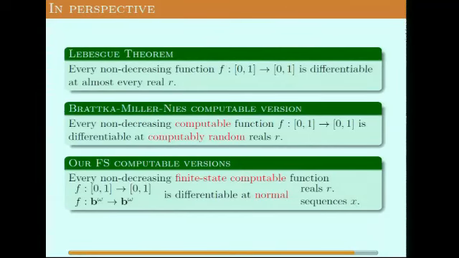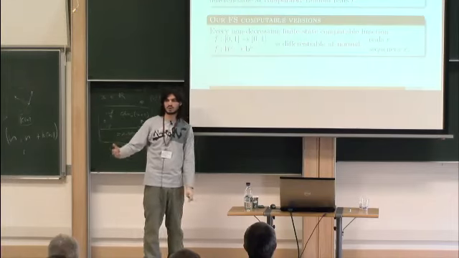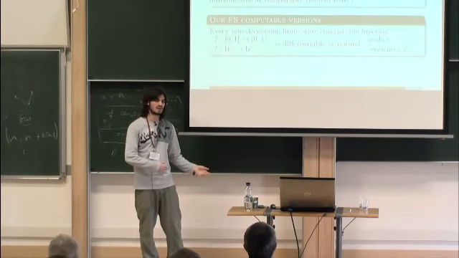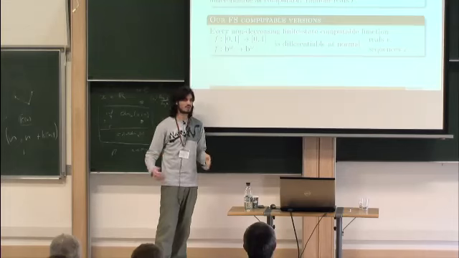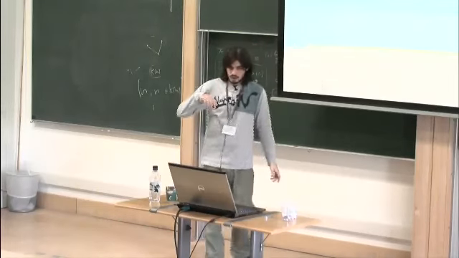And our version is that if we have finite computable functions, then this almost everywhere is made precise as normal numbers. And this is always dependent on the base. So for each base we have this, because it's not the same to work with finite state in base 2 or 3, and that's reflecting the fact that normals in base 2 are kind of independent from normals in base 3.